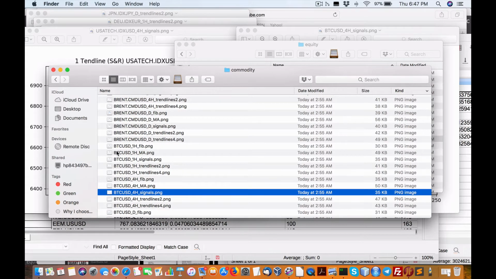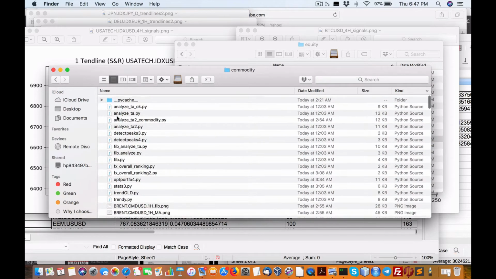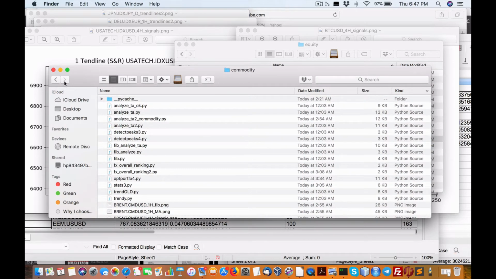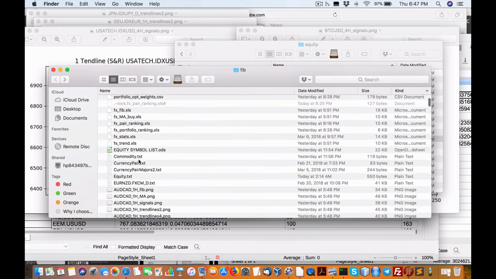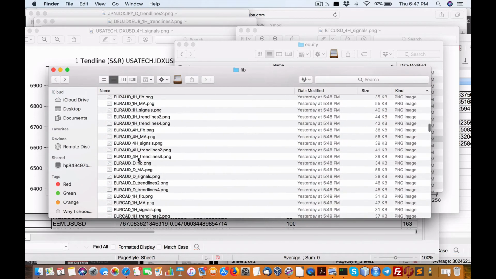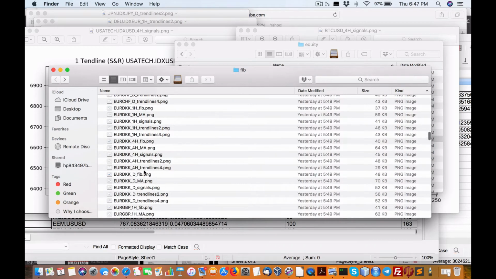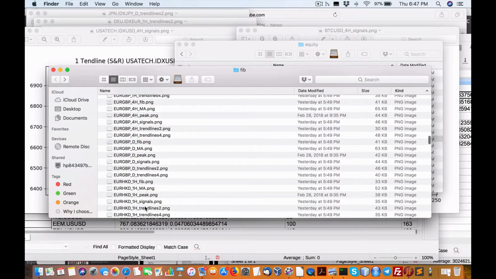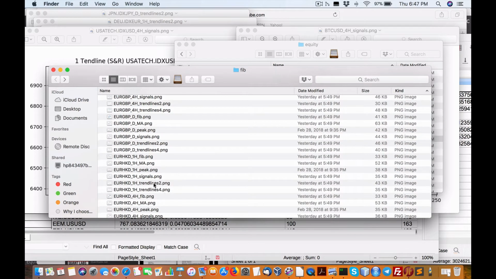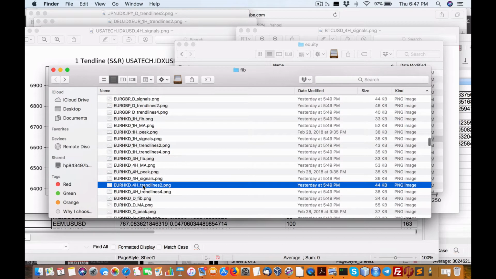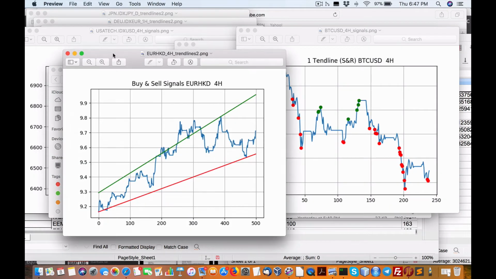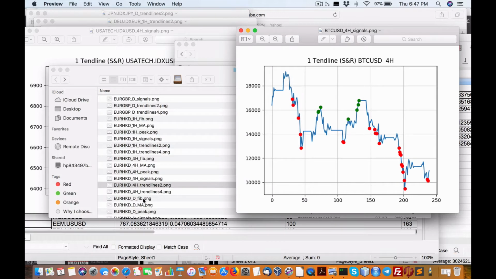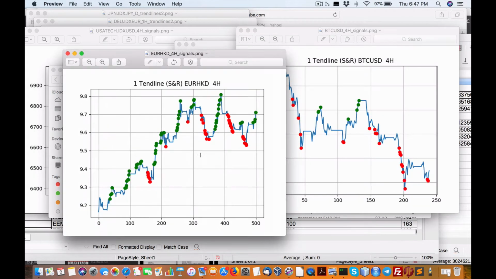And then also, let me pull up that decent currency, was it the euro, Hong Kong dollar was the best performing. So let's look up the 4 hour. Oh, wrong one. And let's check out the buying opportunity there through the signaling.